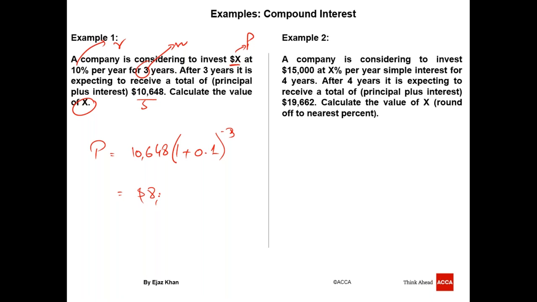So it's $8,000. Okay, great. May I know the answer for example 2?